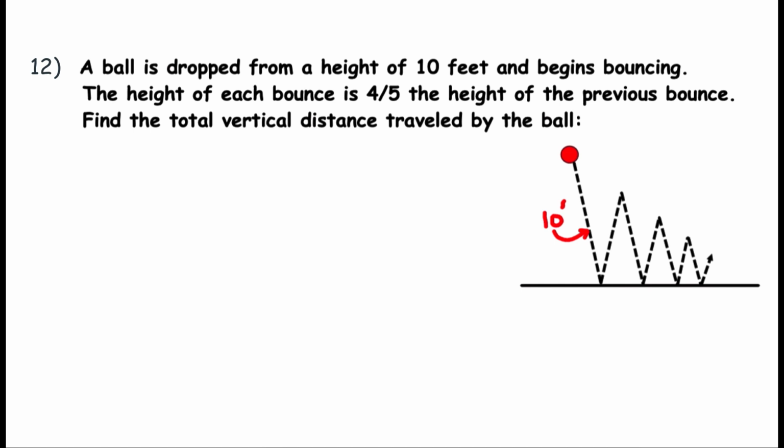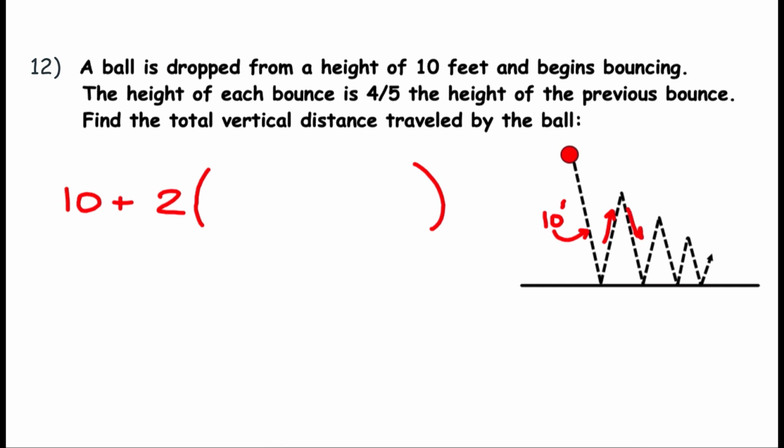All right, so when the ball's dropped, it's going to travel 10 feet vertically. Again, ignore the slant on that. I wanted to be able to have you guys see each bounce rather than having them all superimposed. But that 10 feet is the vertical distance straight down of that. So that's obviously part of the answer. But everything else is going to be doubled. Because what goes up must come down.